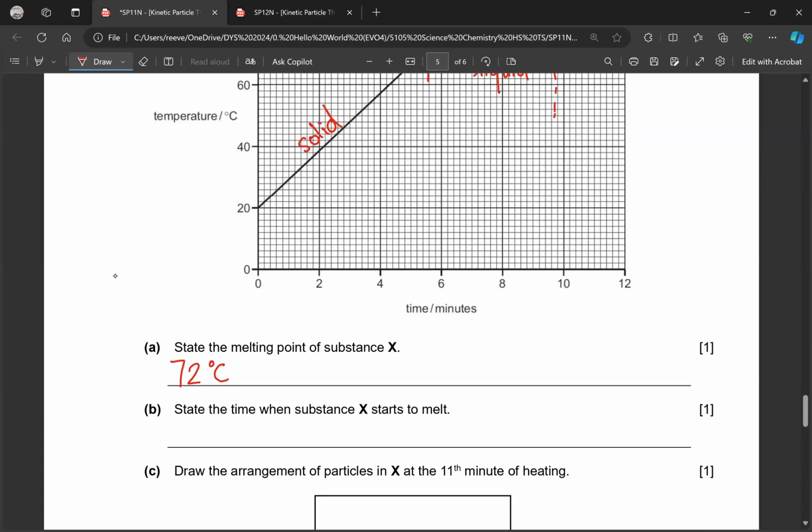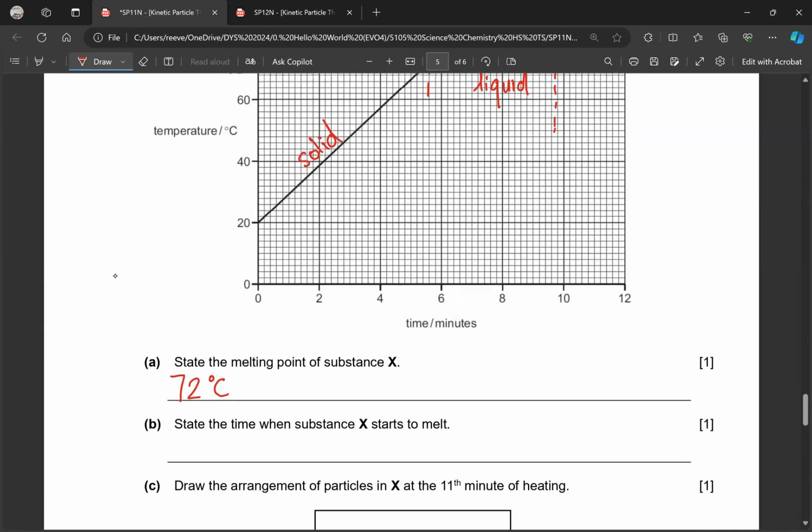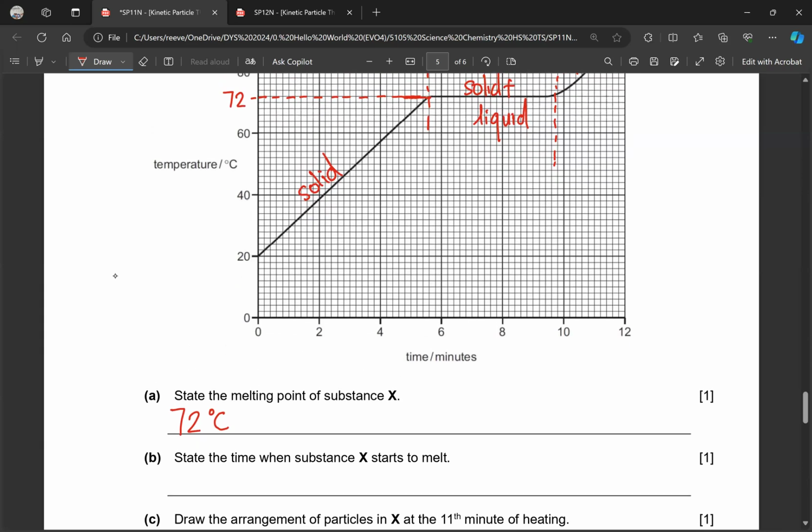Okay, state the time when substance X starts to melt. Let's look at the time. Melt means I must be at the horizontal part of the graph. So you go and check the horizontal part of the graph. You scroll down, and this is the number. What is this number? Again, I think every square represents 0.2. You can go and check.